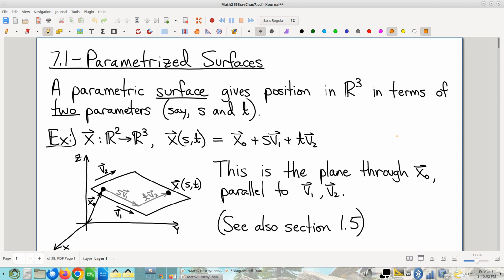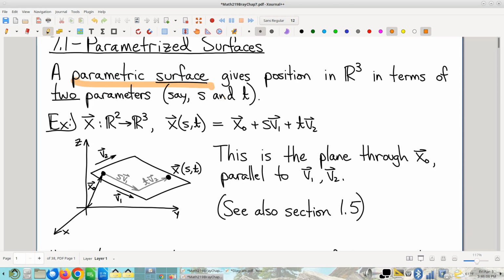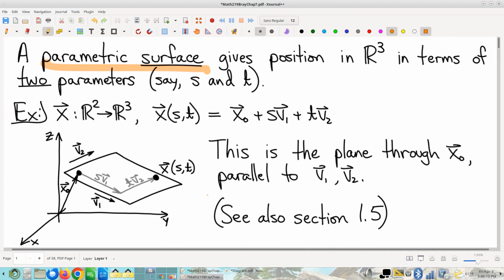The first step along that direction is to talk about what is a parametric surface. And here we go. A parametric surface is really just like a parametric curve in the sense that you get position as a function of, well, if it was a parametric curve, position is a function of one parameter.